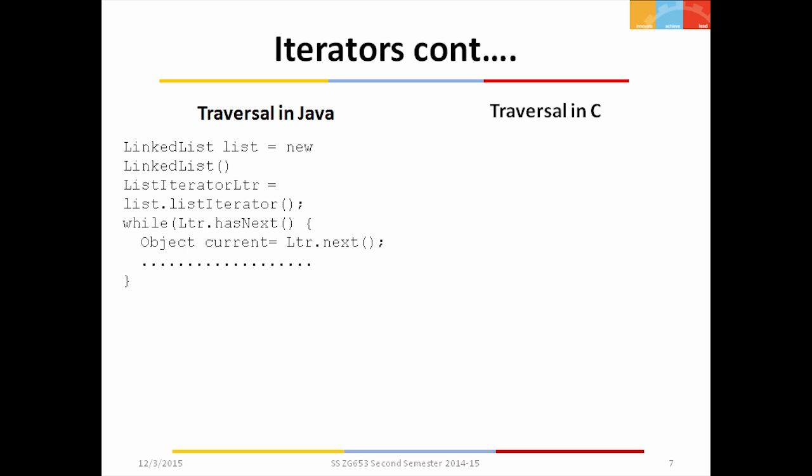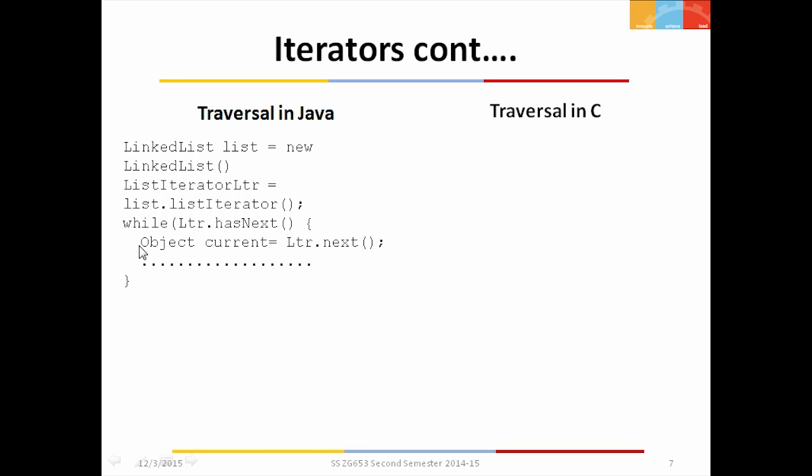So let's look at the traversal in Java. I have a linked list, and I get an iterator. I say list.listIterator(). I get an iterator, and then I iterate while ltr.hasNext(). In that loop, I get the next object with ltr.next().